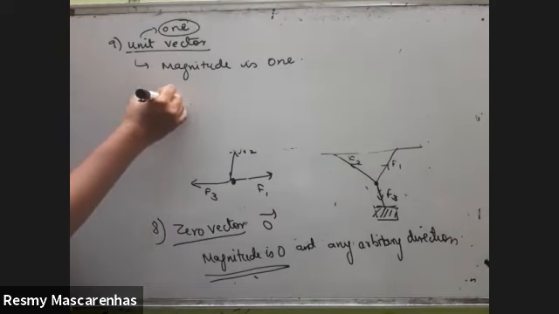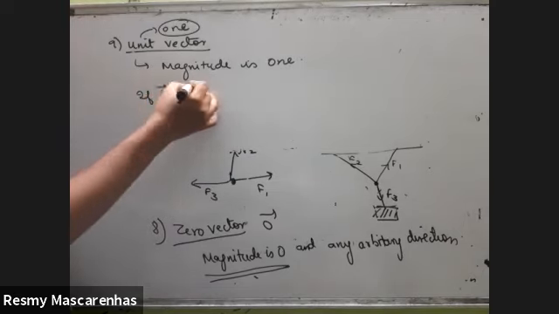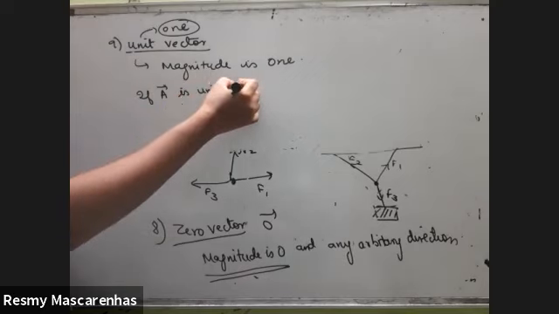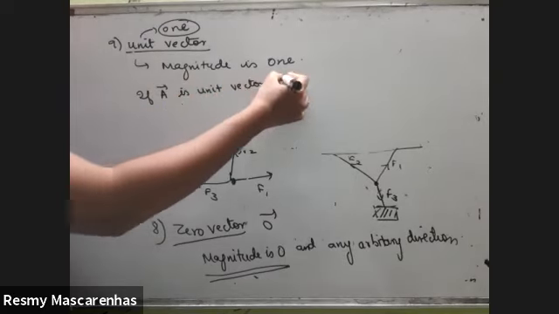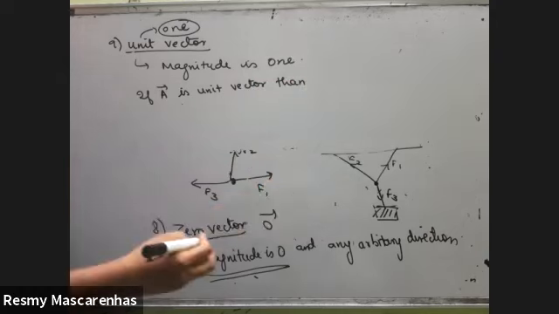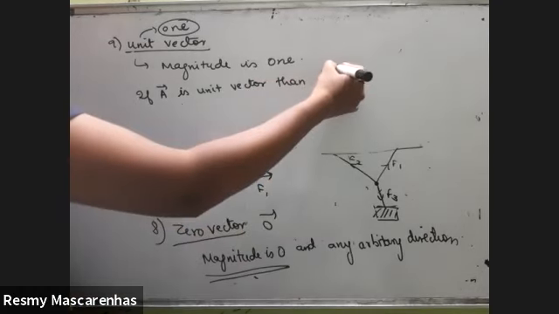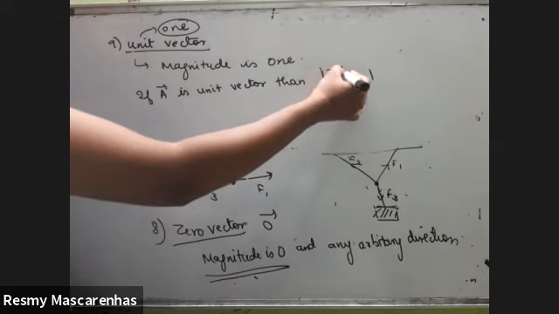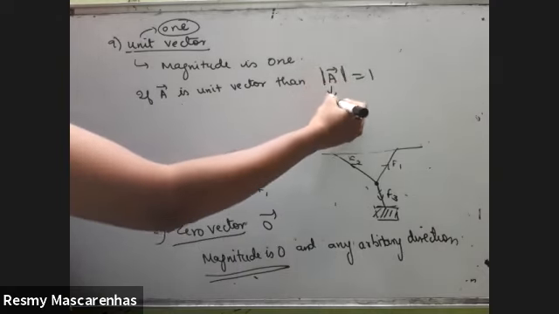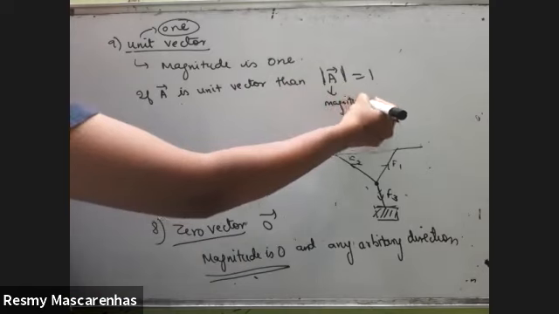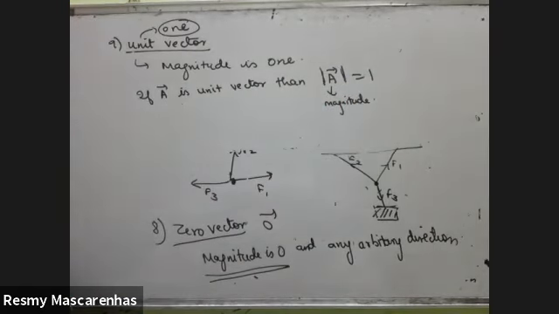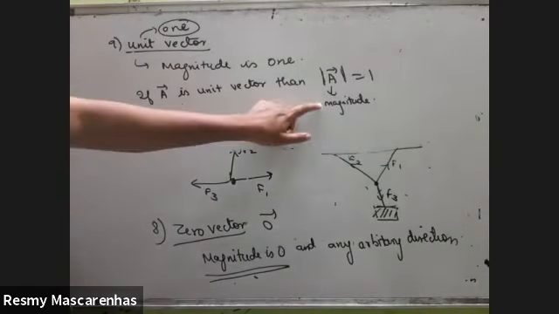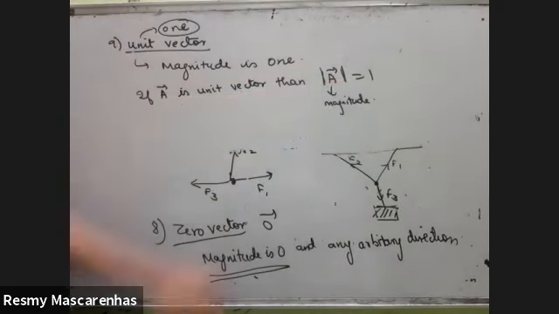Suppose if a vector is a unit vector, then what is this symbol I told you? Whenever you put a modulus sign, it always means magnitude. Whenever you want to represent magnitude, just put modulus sign like this.